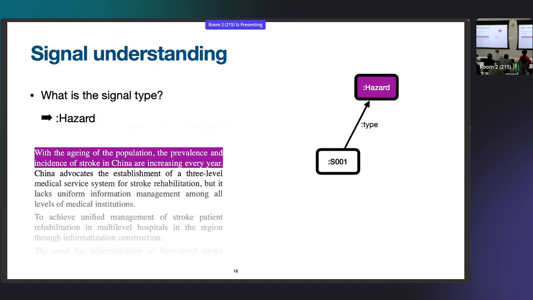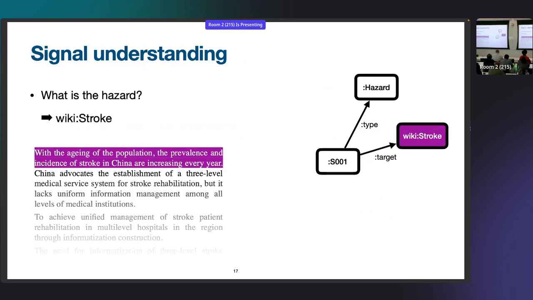So signal understanding is what we call the linking of the signal as an entity to each entity in the knowledge graph that we deem somehow related to the signal itself. We already linked the type.